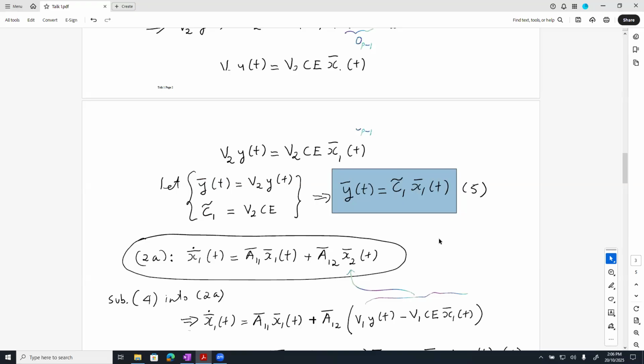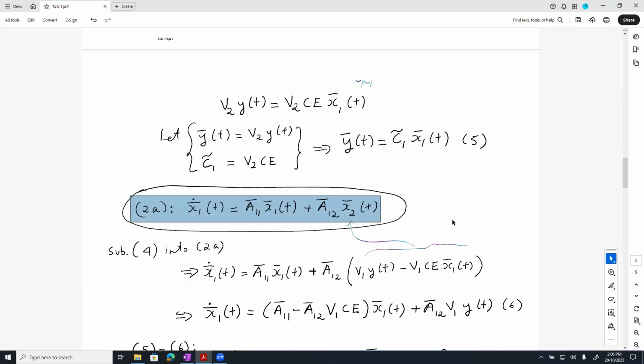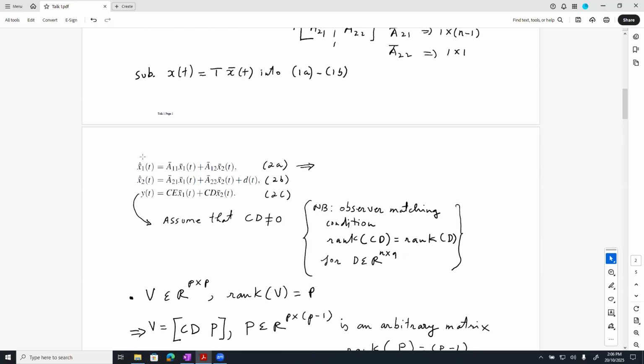All right. Now, let us go back to equation 2a. Remember, equation 2a, which is the one given in here, is completely disturbance-free.